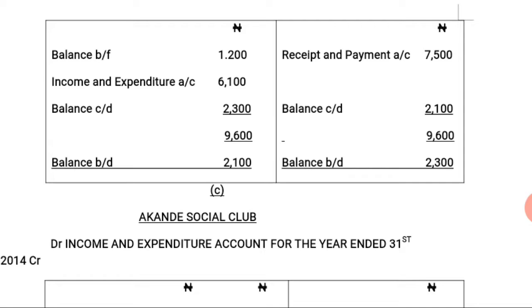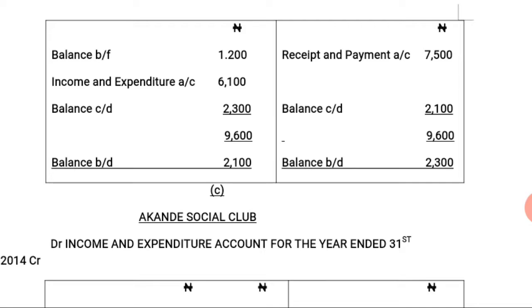So that 2,300 will now be deducted from the 8,400 that we have before. Then we will be having 6,100, which is the amount that is going to be transferred to the income and expenditure account, 6,100.